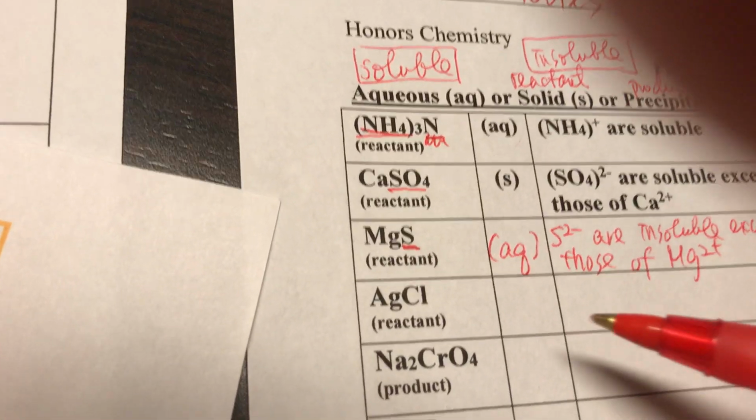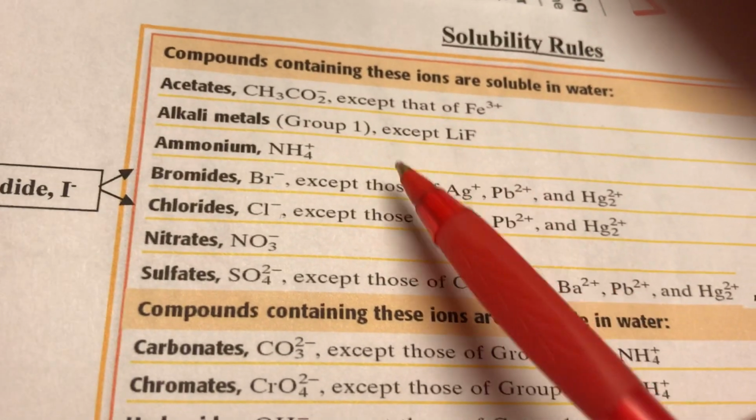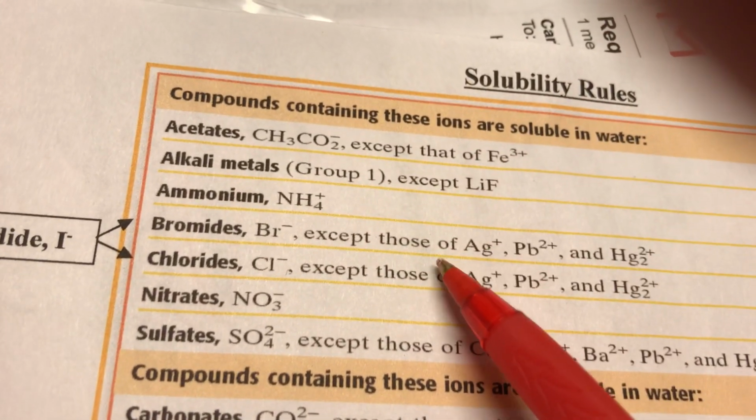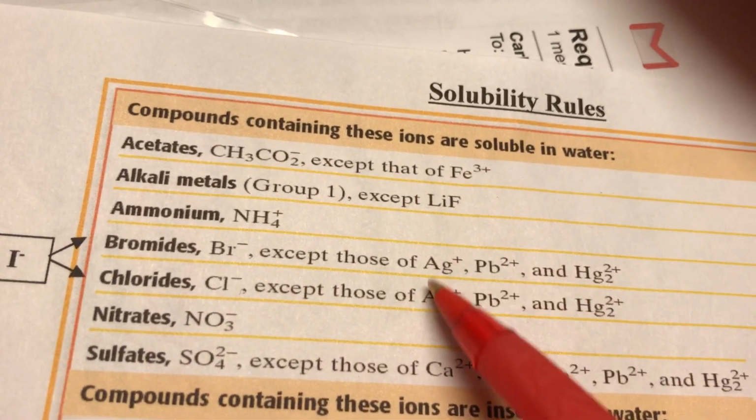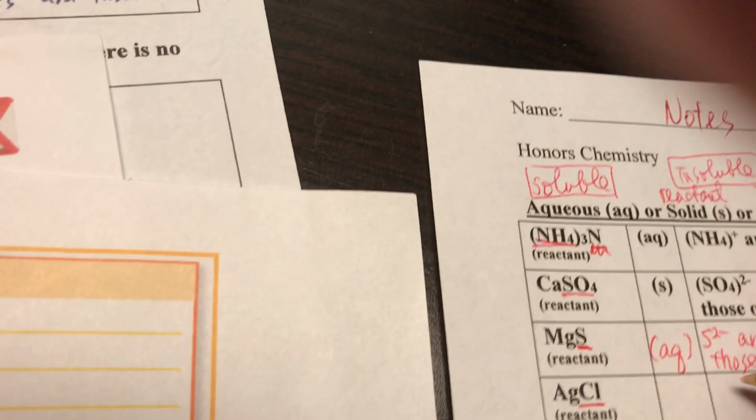Next one, AgCl, reactant. So we look up Cl. Chlorides are soluble except those of Ag plus.